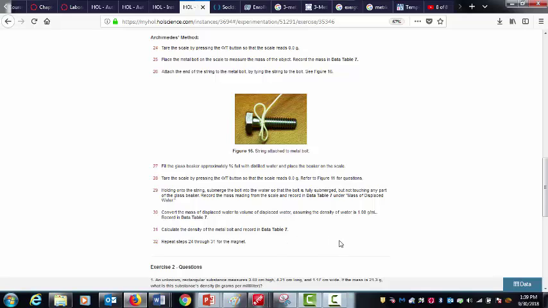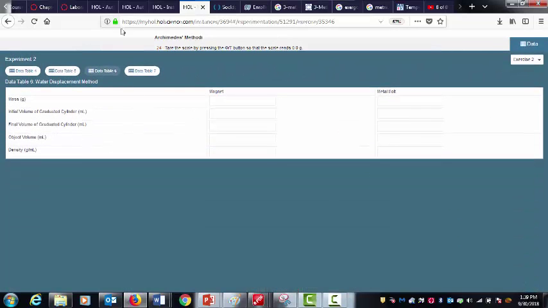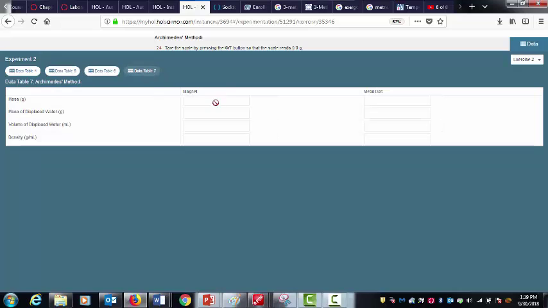This is a pretty terrible way to determine volume, and your data may show that, but we're going to go through this anyway. So on data table 7, we're going to have the mass of the magnet and the metal bolt, and then you will tie both with a string, place it into the beaker without letting it touch any side of the beaker, and calculate the volume of the displaced water by the mass of the displaced water.